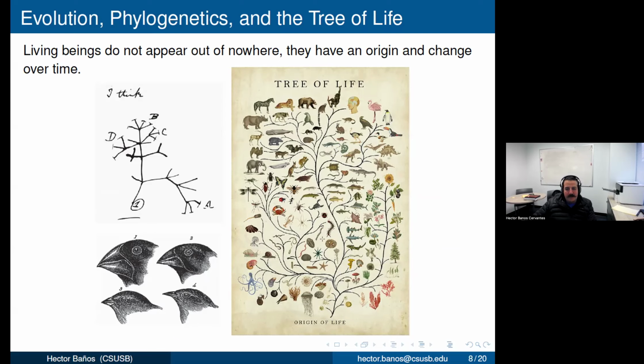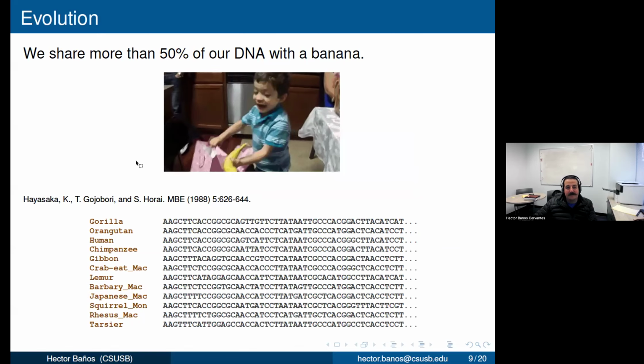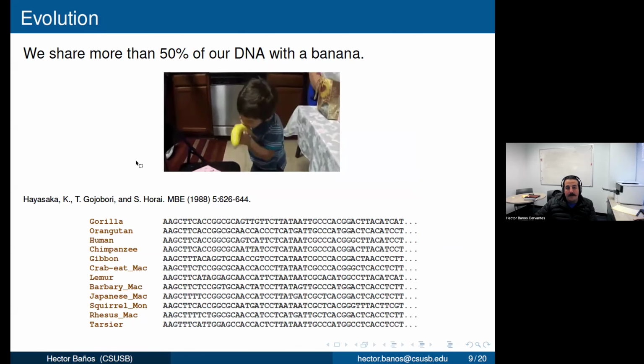So why do we believe in all this? Because in DNA, we can find the tracings of this. For example, we share more than 50% of our DNA with a banana. So what they do in this phylogenetic analysis is look at how closely related the species are based on their DNA sequences.